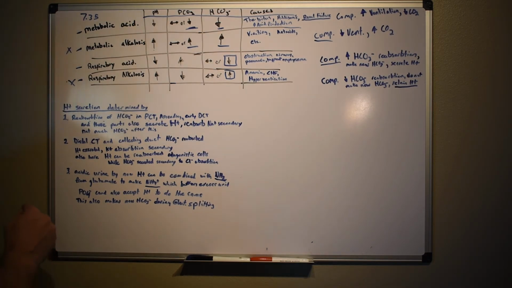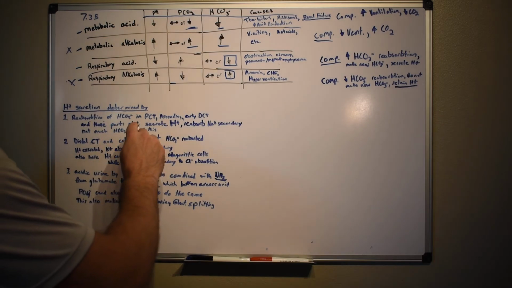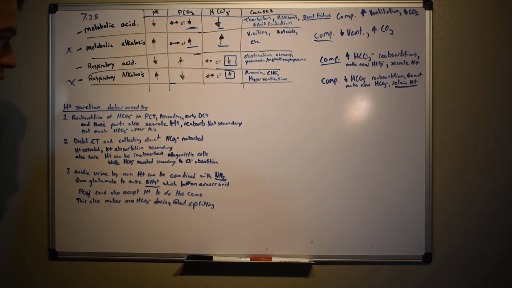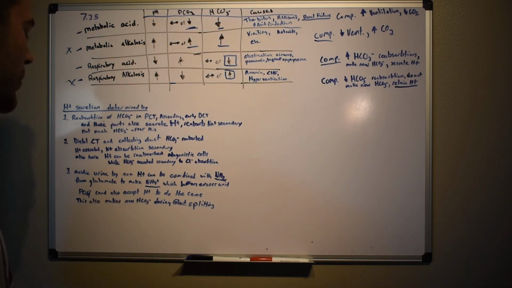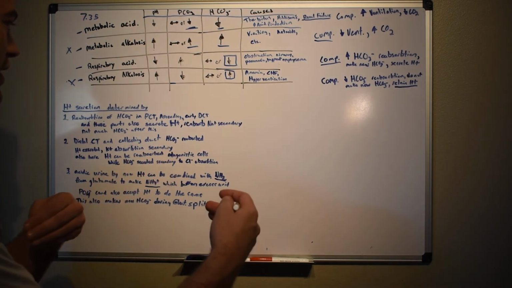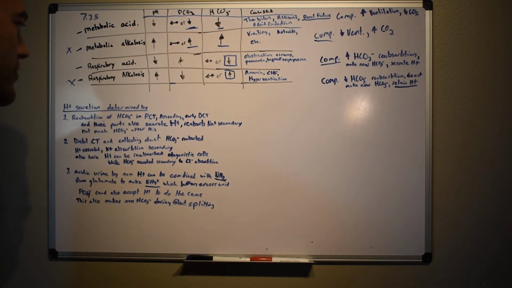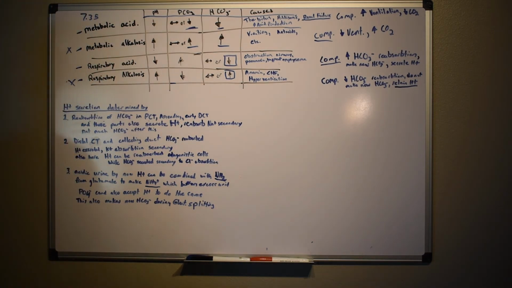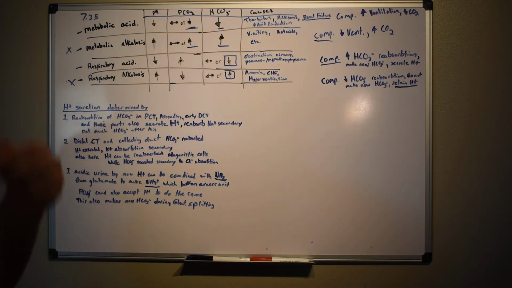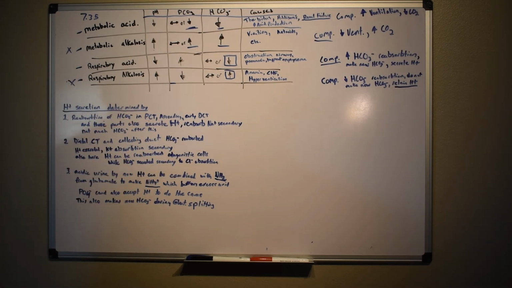All right, so in the nephron, this is kind of just the major steps that I want to touch on. Reabsorption of bicarbonate happens in the proximal convoluted tubule and the ascending loop of Henle and the early distal convoluted tubule. And those parts also secrete hydrogen ions. They do it in an exchange, so they exchange bicarbonate for hydrogen ions, and they reabsorb sodium secondary to hydrogen ions, excuse me.